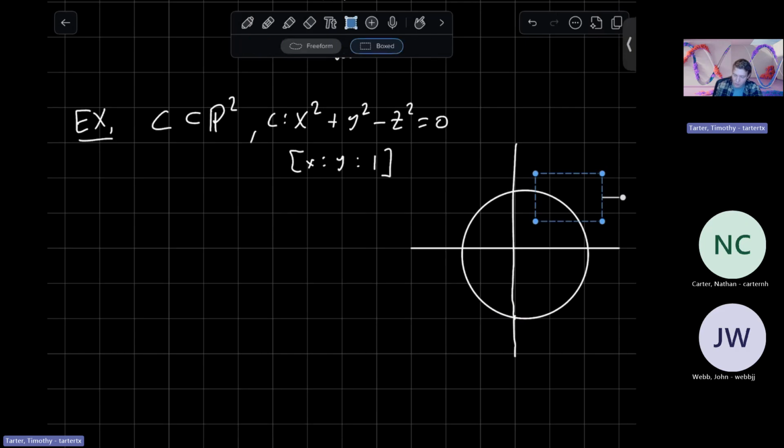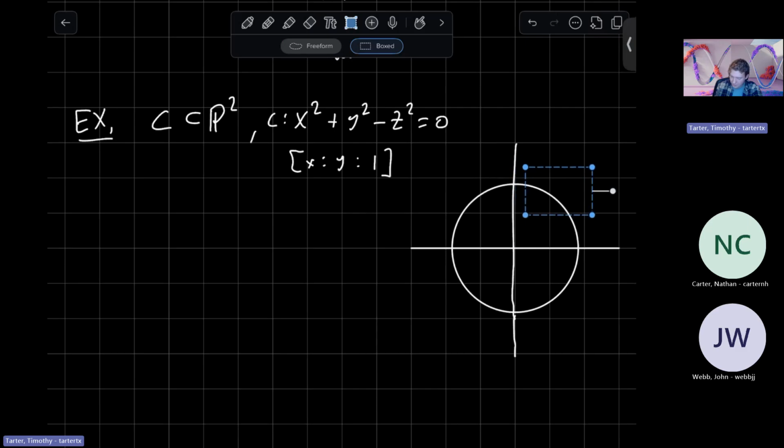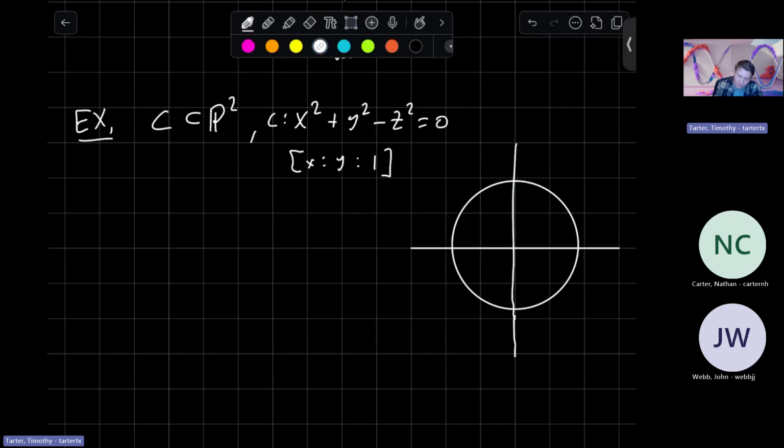I can't draw a circle, I guess, centered at the origin. Okay.